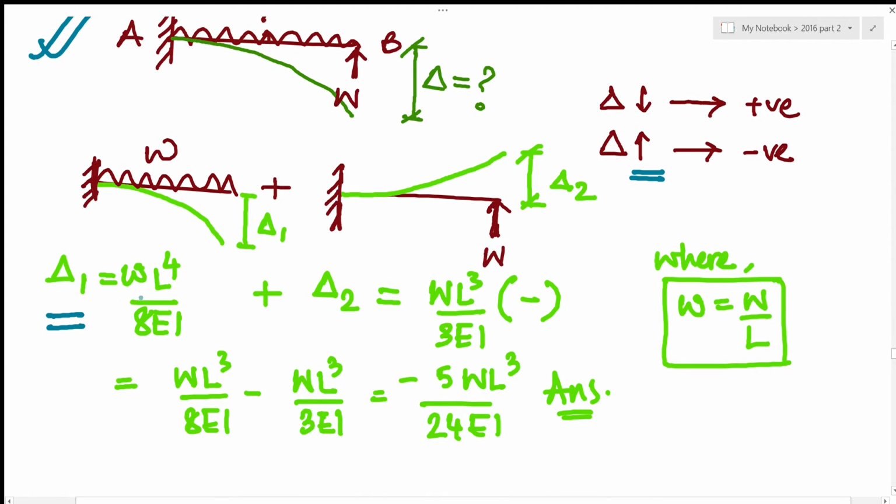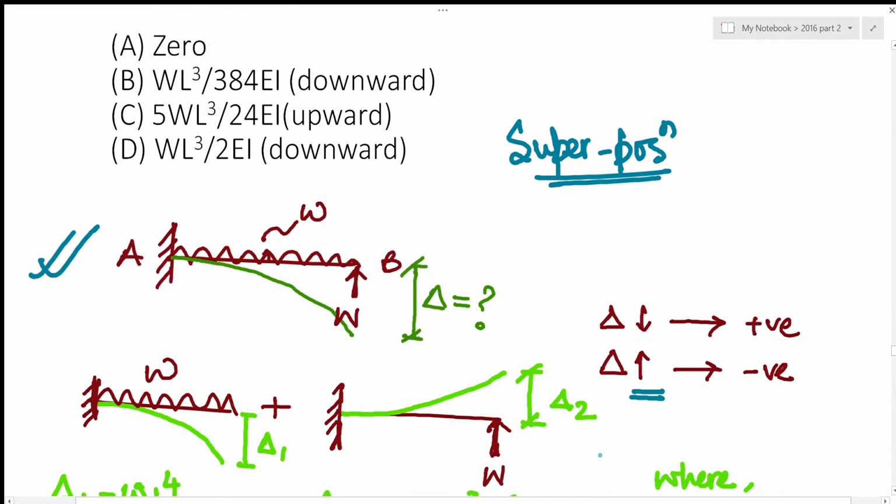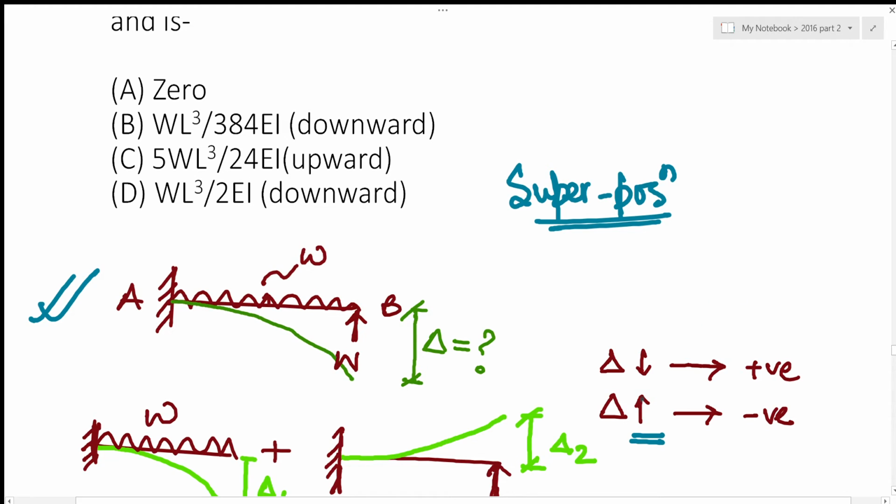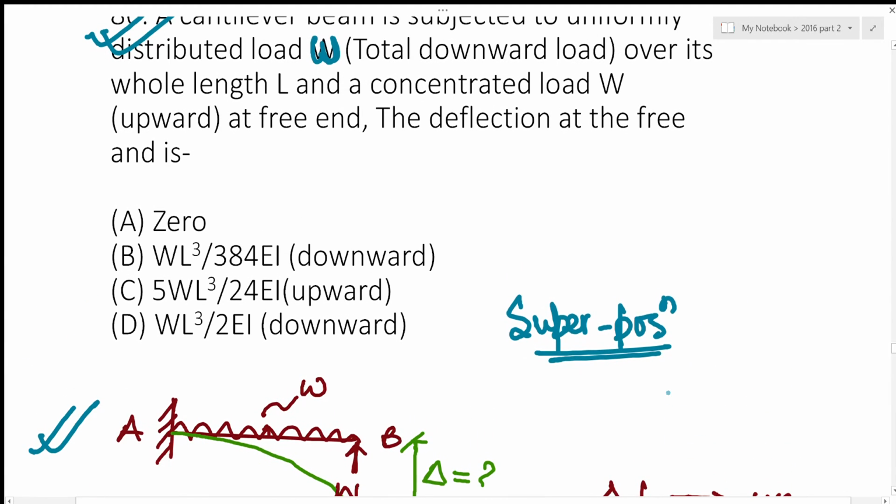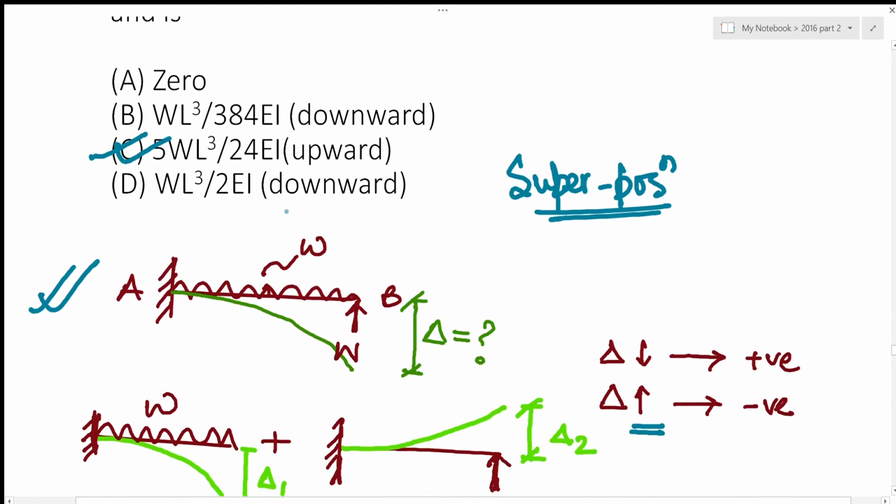We have replaced the small w or omega by W by L. So WL cube by 8EI minus WL cube by 3EI, with the minus sign because it is in the upward direction. So the answer should be minus 5WL cube by 24EI, or 5WL cube by 24EI in the upward direction, because we have considered the deflection in the upward direction as negative. So the answer should be C.